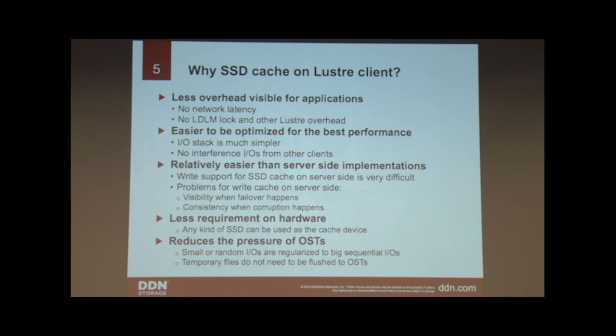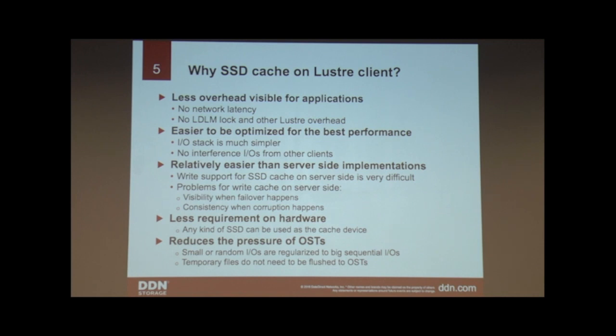DDN has tried a lot of ways to implement cache on different levels, for example on the Lustre server, but we figured out that it is much simpler to implement a client-side cache. If you want to support write cache on the server side, you need to make sure a lot of things are ready.